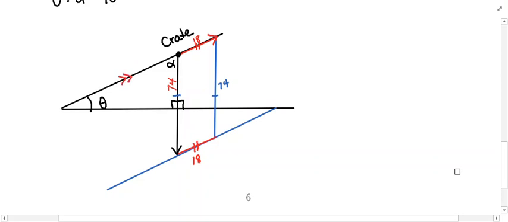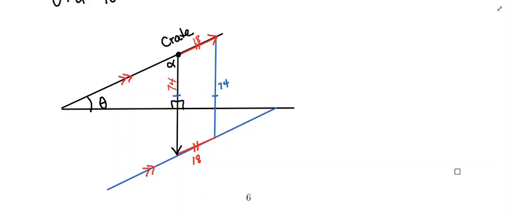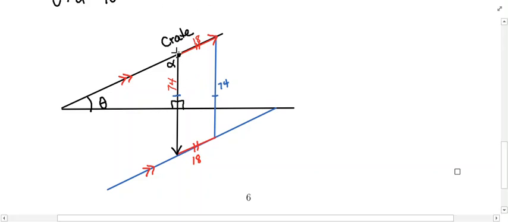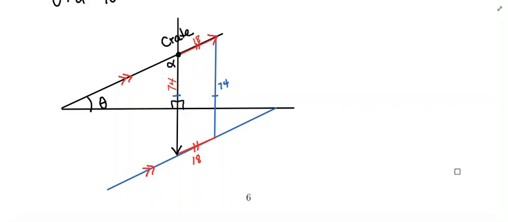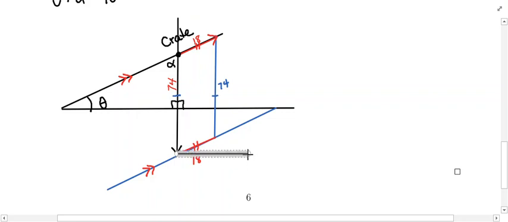So this line is parallel to this line. And when I look at this, I see the weight vector as a transversal that is cutting this pair of parallel lines. If I extend this, you can think of this as a transversal cutting this pair of parallel lines.